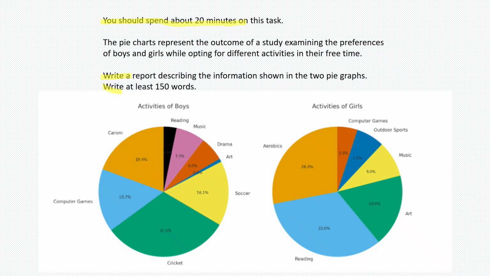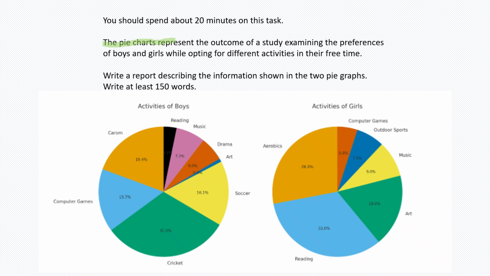Write at least 150 words. So this is the instruction, and in the middle you can see the information. The pie charts represent the outcome of a study examining the preferences of boys and girls while opting for different activities in their free time.